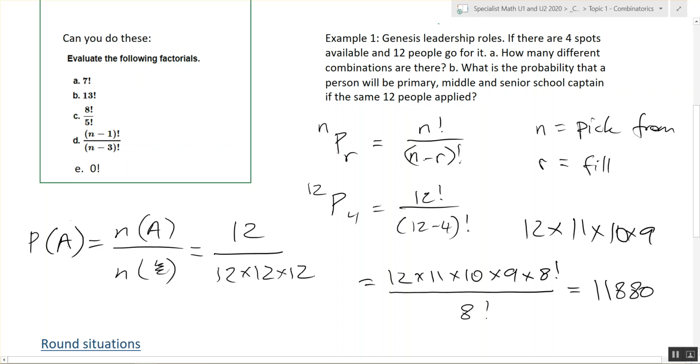And then the next person could be any of the 12. Does that make sense? So the probability, I don't know if any of you went for primary and then middle. The probability, you know, if it was 12 people each time, it's 1 out of 144.